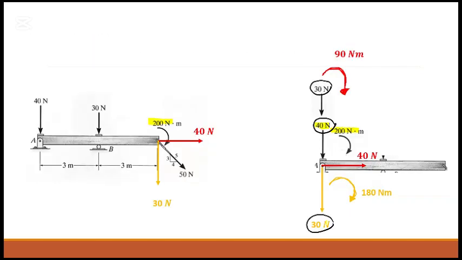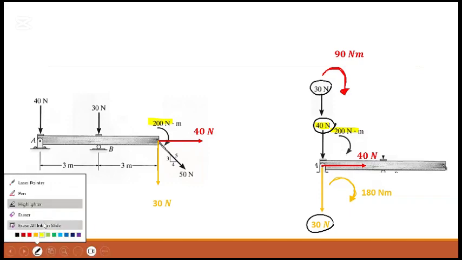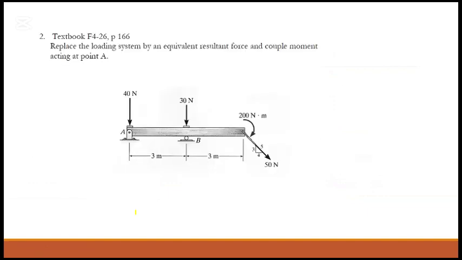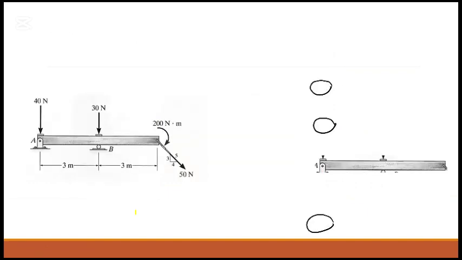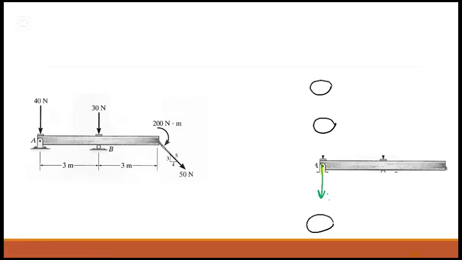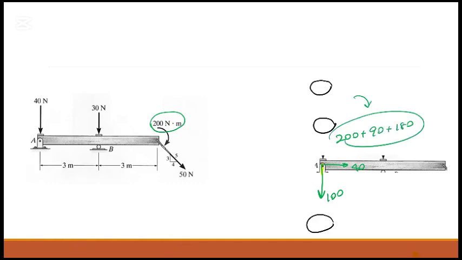So here we have 100, here we have 100, and here we have 40. And the moments, we had 200 plus 30 times 3 is 90 plus 180. When we add all these together, that will be our moment.